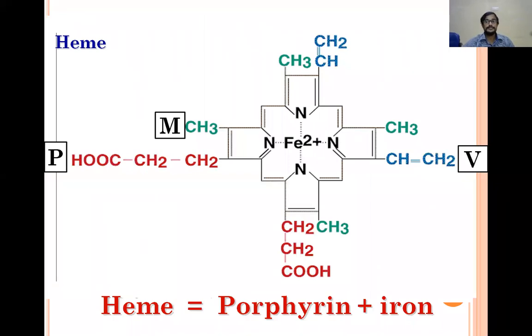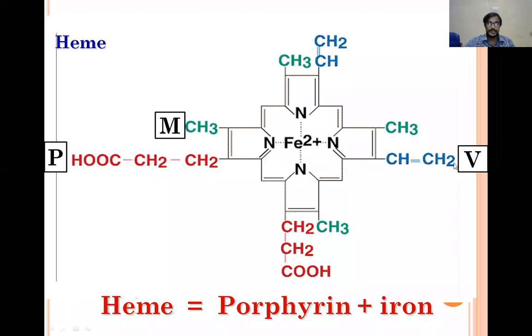And this is the structure of heme. So heme structure contains, we know, one iron atom and the porphyrin ring and the pyrrole groups, and apart from that it contains methyl group, propionyl group and vinyl group in the borders. Okay. Here you can see methyl group, propionyl group, and this is vinyl group.